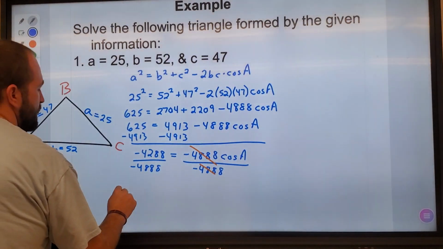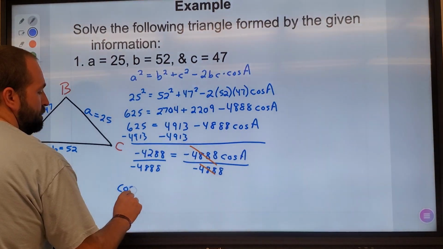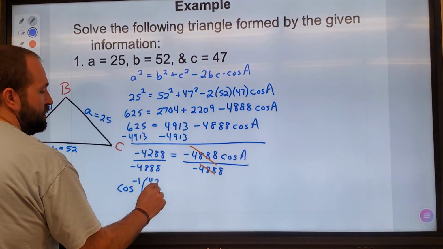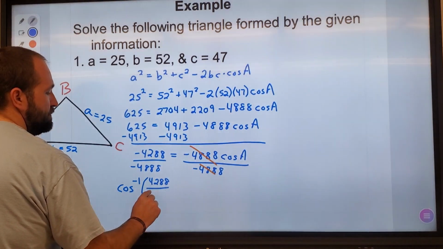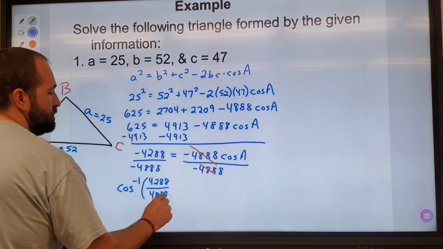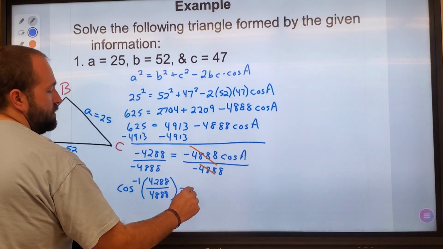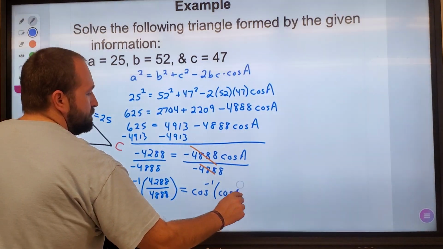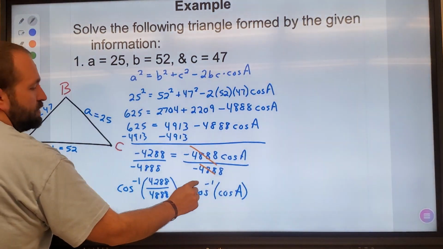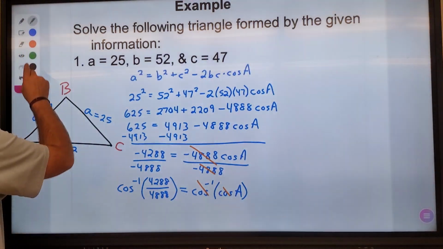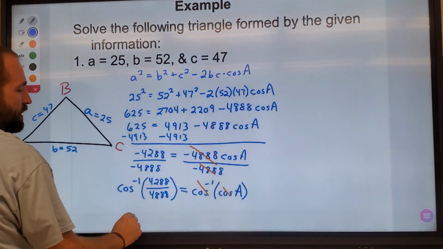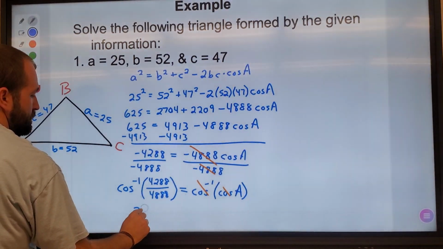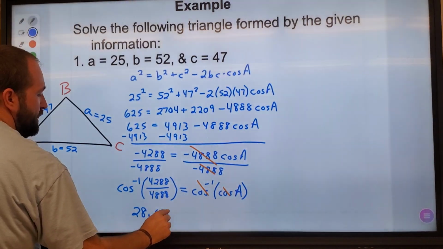So here I'm going to have the inverse cosine of, we have two negatives, so I'm going to make it a positive, and I'm just going to leave it as a holistic fraction here, is equal to cosine inverse times cosine of A. What happens here with the cosine and cosine inverse is they cancel each other. So now angle A is about 28.69 degrees.